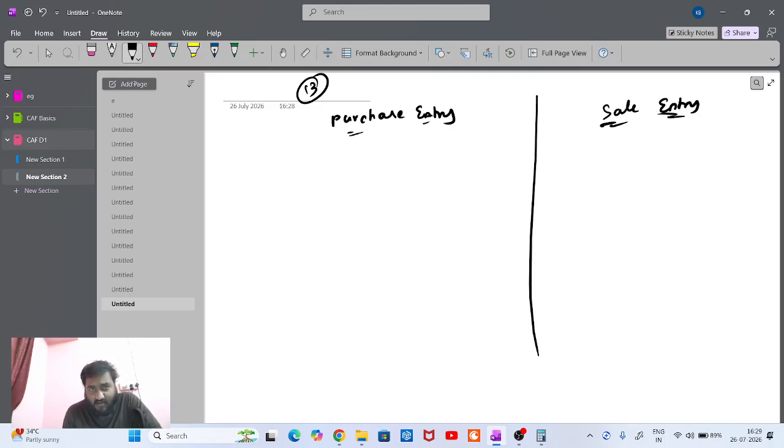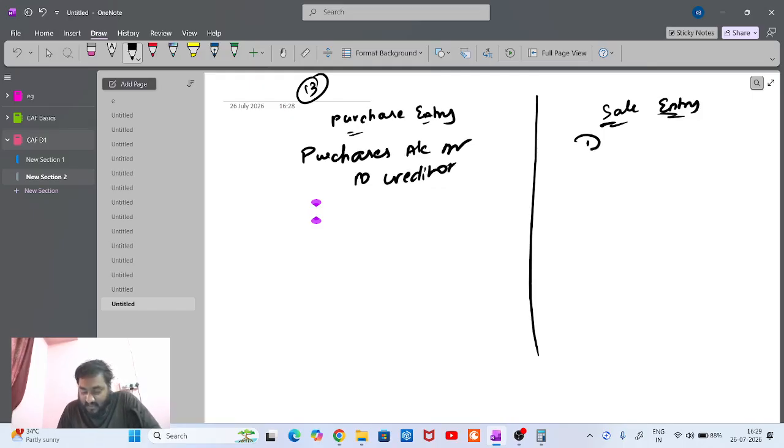In general, what is the purchase entry? Purchases account debit to creditor. For the sales entry, debtor account debit to sales.